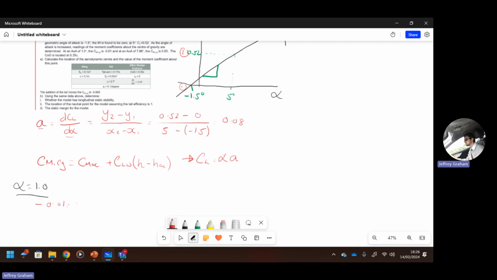You're going for the moments about the aerodynamic center. Right, obviously this is now substituting alpha and a for CL. So the angle is 1 degree. We need this in terms of the absolute angle of attack, so this is going to be the geometric angle plus the angle required to basically shift this lift curve slope to 0, which requires adding 1.5 degrees.